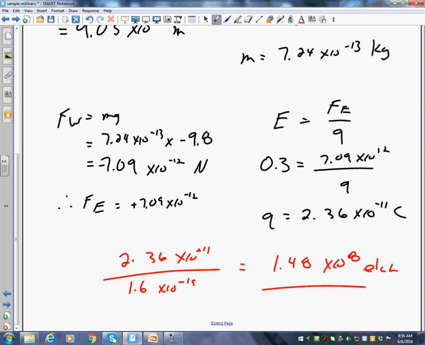Oh, you just divided by 3, so it's 2.3. Oh, it's supposed to be minus 12.